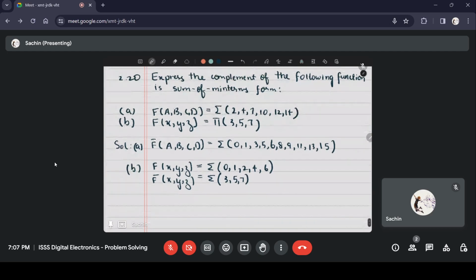And you can observe that the index of the terms in product of maxterms form, and index of the terms in the complement of sum of minterms form are the same. But remember that this is the product of maxterms, so the terms will be of the form a plus b plus c.